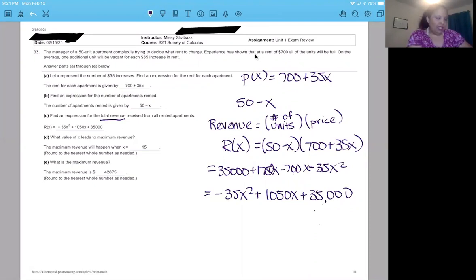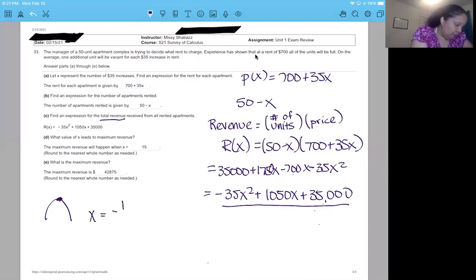All right, so what I was saying is this is a parabola. It's an upside down parabola, right? Because the leading coefficient is negative. And I know that that maximum is going to happen at the vertex. So I need to find the vertex, right? You can do it by completing the square, or you can find it by negative b over 2a.